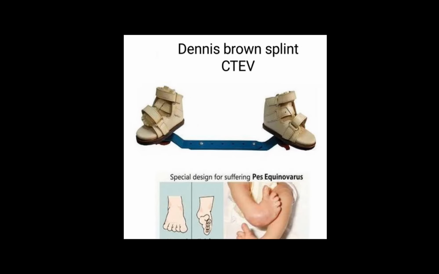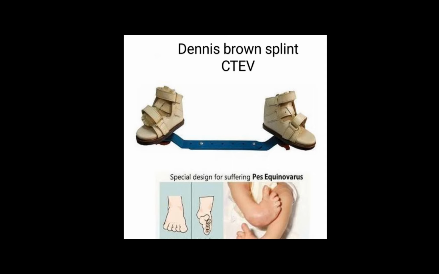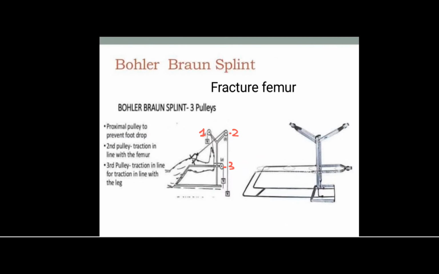Then next we have the Denis Browne splint. Denis Browne splint is for congenital talipes equinovarus, and basically the shoes will be there in the Denis Browne splint for the clubfoot child. Then next we have the Bohler Braun splint. Bohler Braun splint is used for fracture femur. In the Bohler Braun splint there are three pulleys.